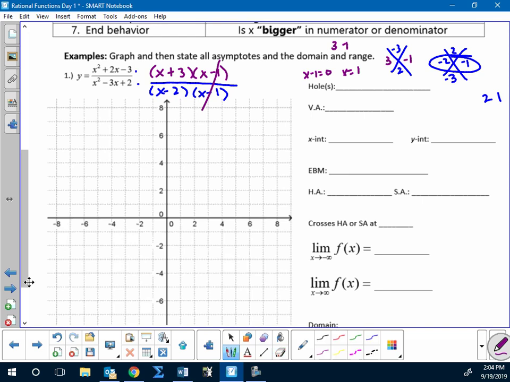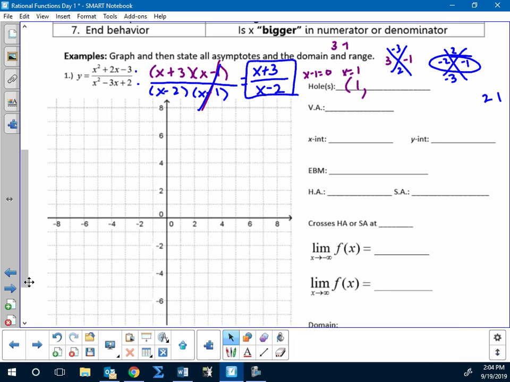So in order to find the hole, you have to substitute your x value back into your new formula. Your new formula is what's left over after you cancel. So my new formula is x plus 3 over x minus 2. That's my new formula that I'm going to substitute this 1 into to get the y value of the hole.